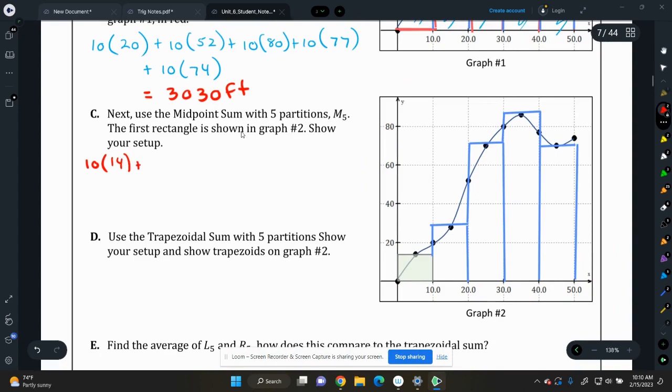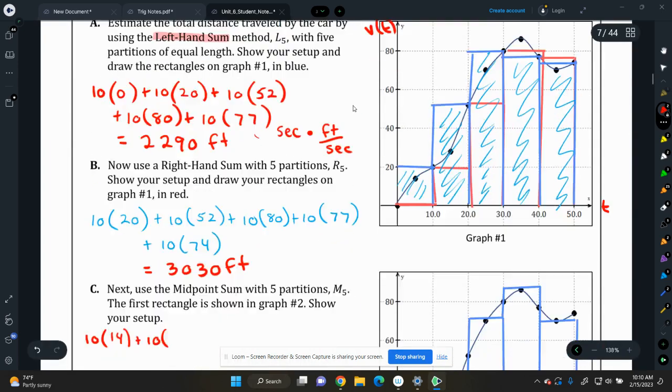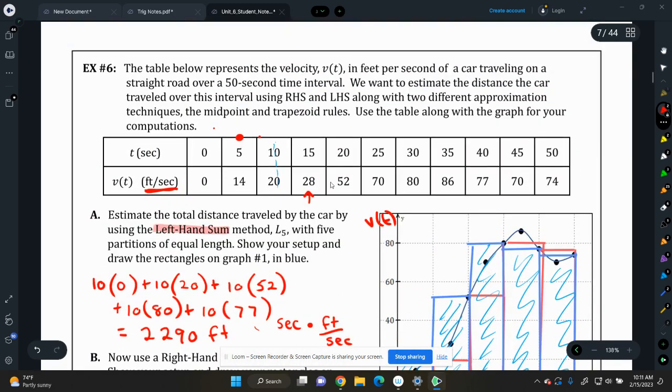So my y value is what? 14. The next one, 10. So I'm going from 10 to 20. So the t value that I look at is 15, which means I'm using a y value of 28. Between 20 and 30, I'm using the midpoint, so 25.